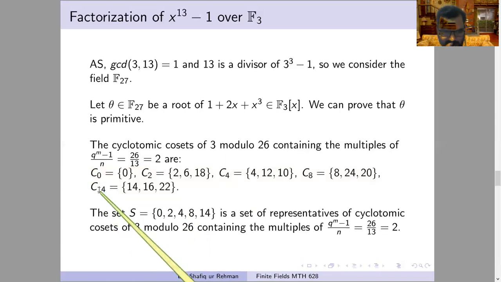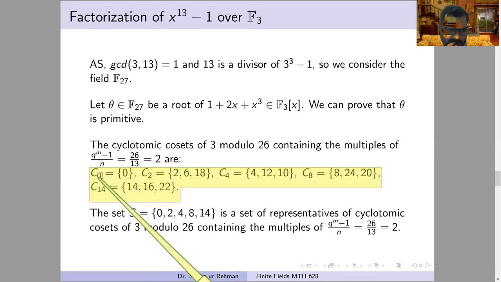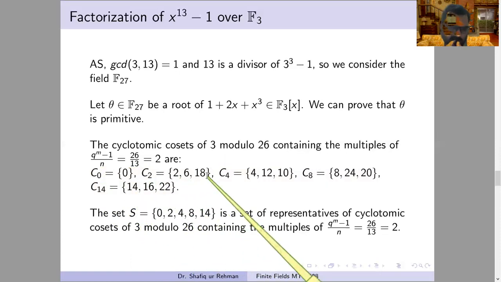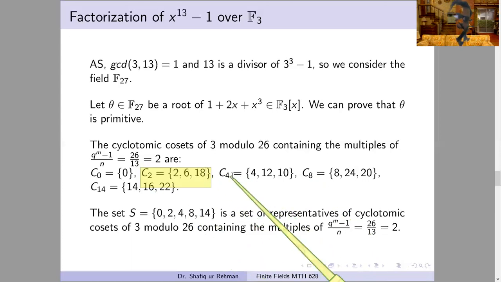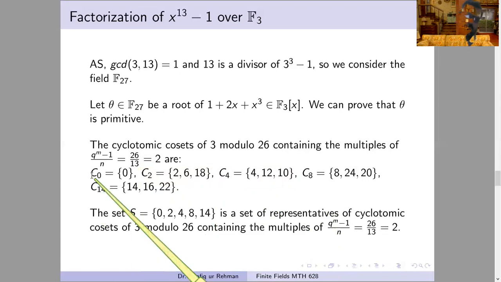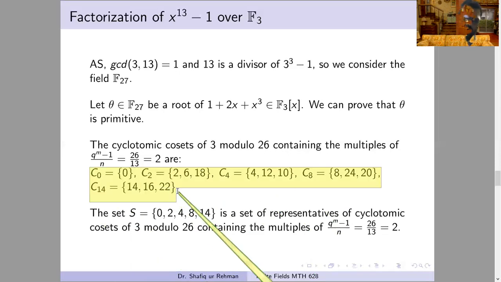Cj denotes the cyclotomic coset containing j, and j should be a multiple of 2, that is, 2 should divide j. Notice that C6 is not mentioned here because C6 equals C2. Also C10 equals C4, and C12 equals C4. So we take only distinct cyclotomic cosets which contain a multiple of 2.